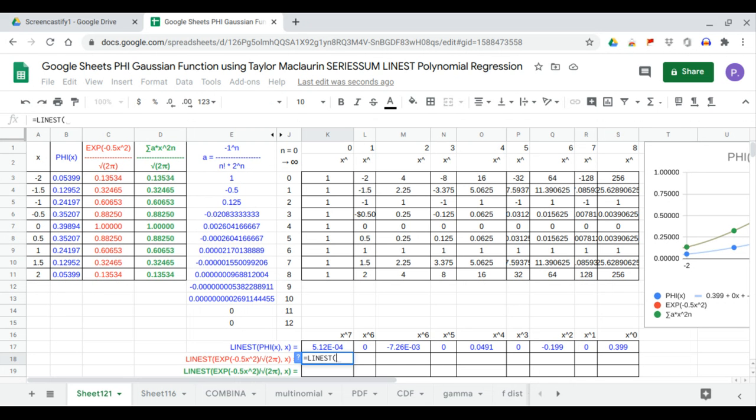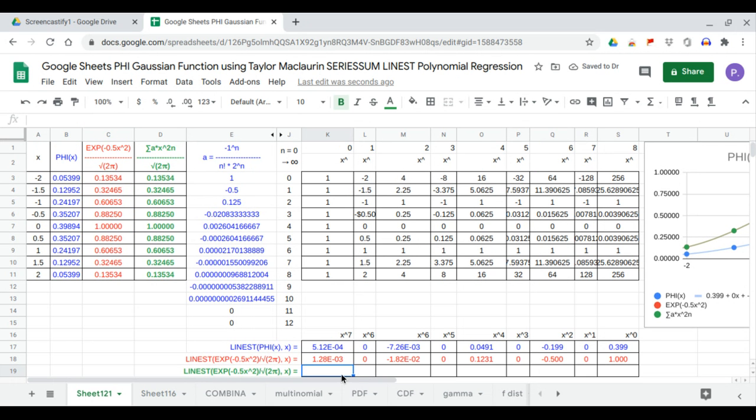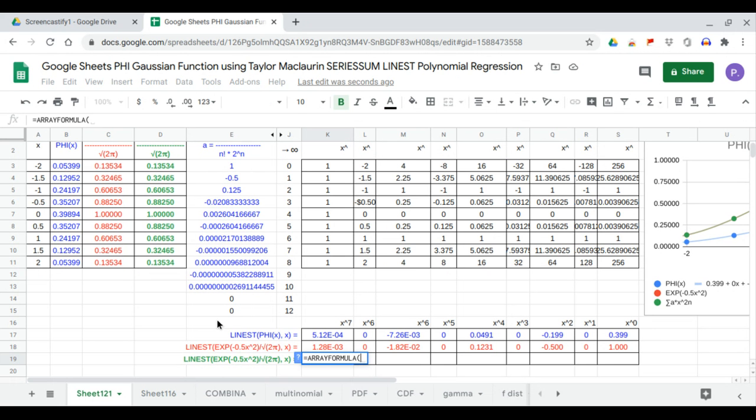So LINEST data y and data x. And the Taylor-Maclaurin series sum, which is array formula, data y, this is LINEST, so data y and data x.